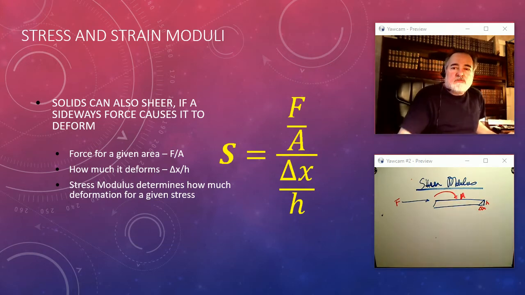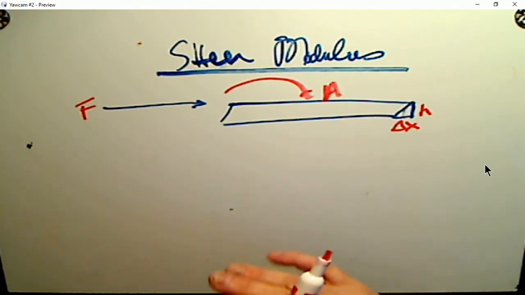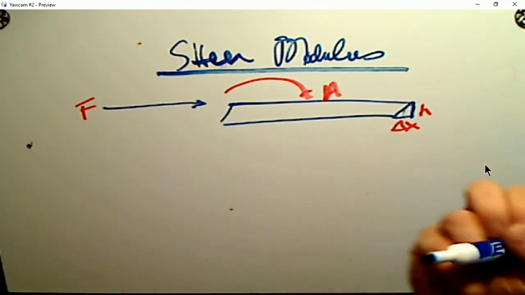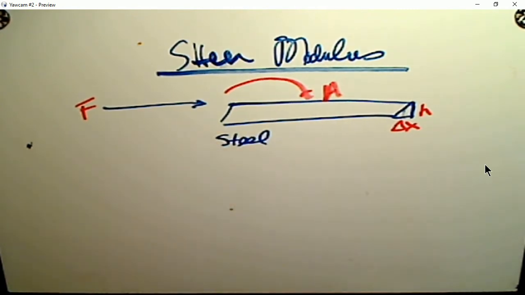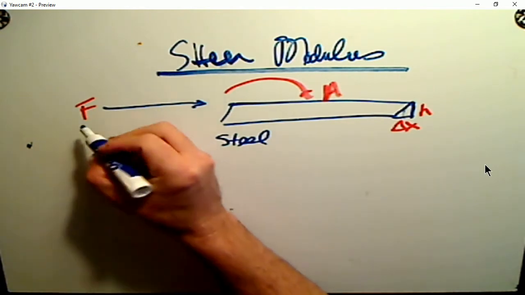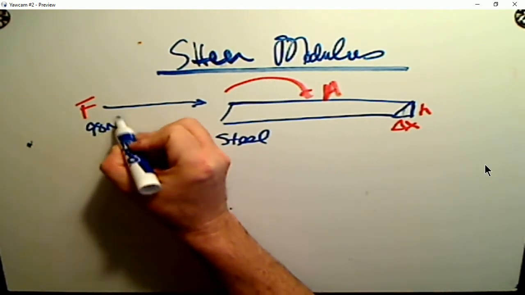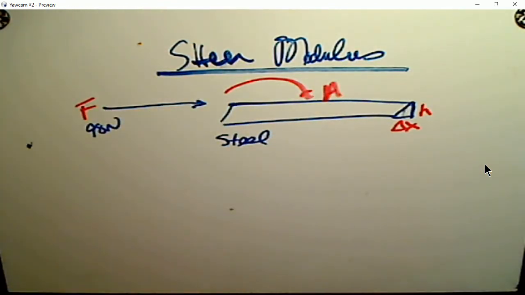Well, let's do an example of that too. So we're going to still use steel. Let's say this is steel. Still the same force. The force we're going to use is 98 newtons, applied like we're shearing on the top.